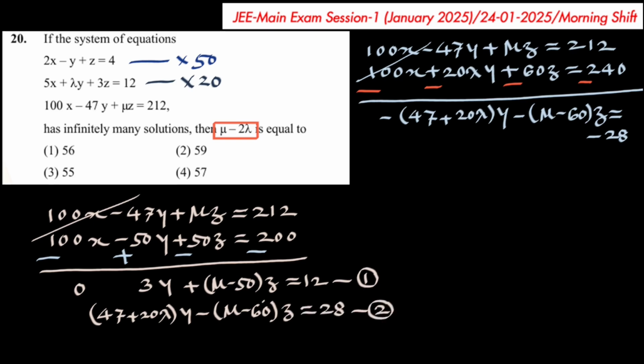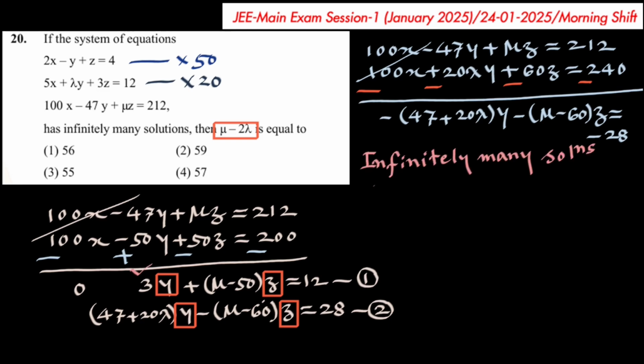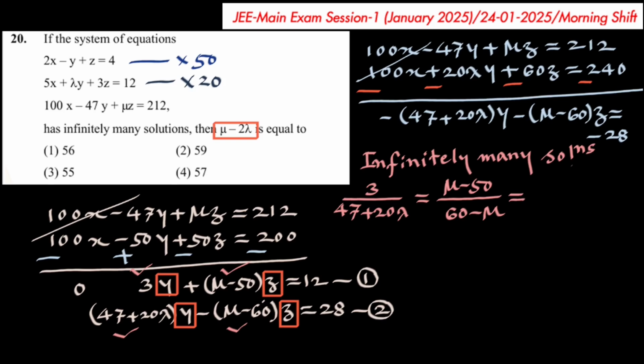Now these equations have been converted into linear equations in two variables y and z. Now for infinitely many solutions, we have 3 upon (47 plus 20 lambda) equals (mu minus 50) upon (mu minus 60) equals 12 upon 28, which is 3 upon 7.